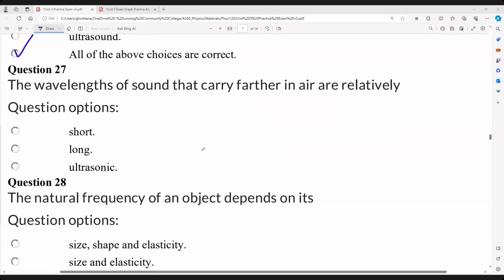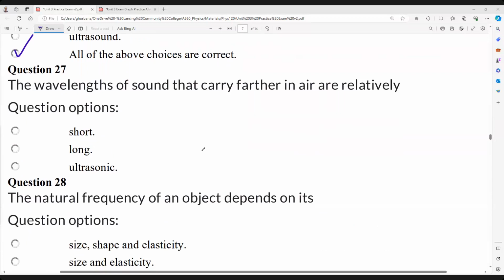So number 30, the phenomenon of beats resulting from sound interference. You remember when we were calculating the velocity of sound in class, you would see the graph of compression and rarefaction.